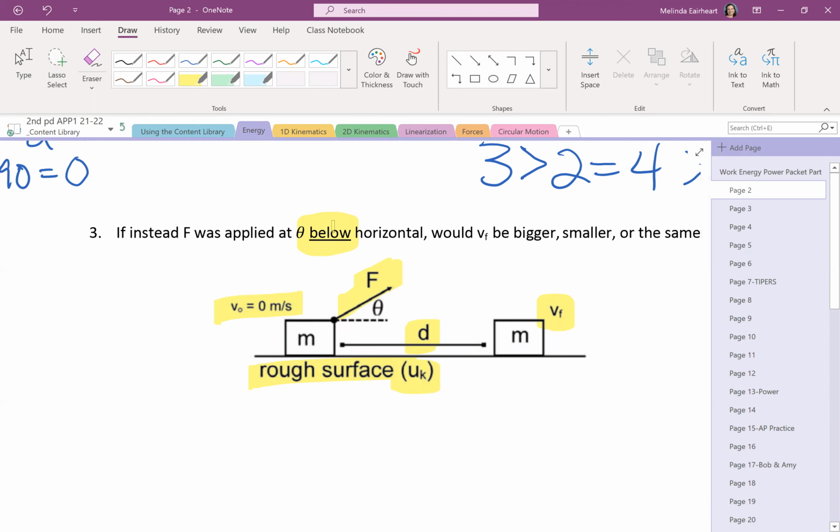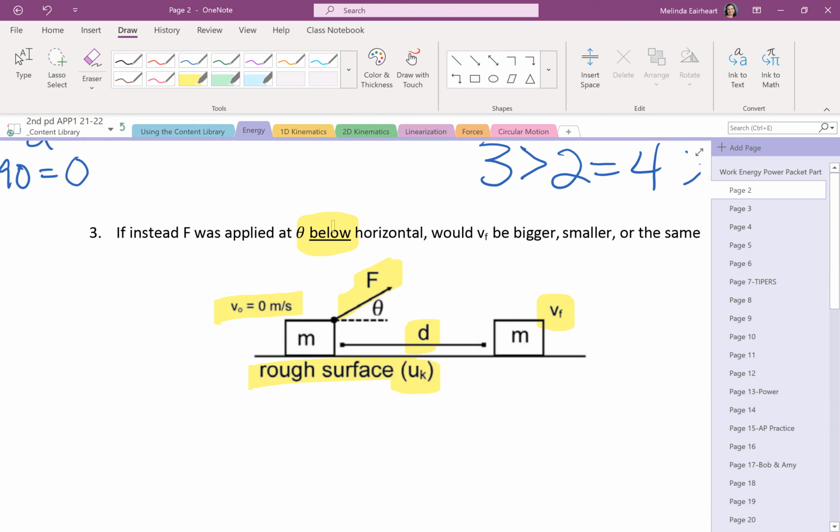So kind of an extension of the one above, right? Instead of changing the force at 5 different angles, we're just starting above and below. So look at 2 versus 4. Is VF going to be the same, or will it be bigger or smaller? Well, what did we say?